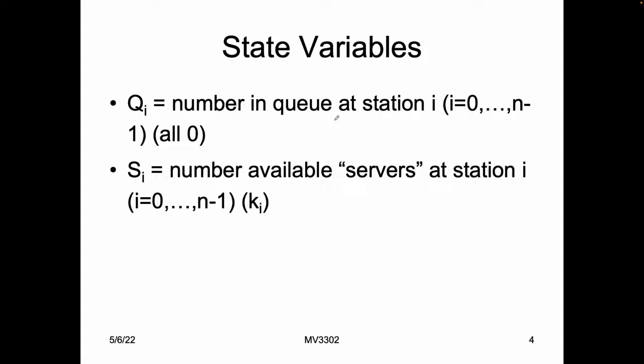Okay, so again, somewhat motivated by our multiple server queue, we can pick a state variable, like Q_i, the ith element of our state variable Q, and what would cause it to change? Well, a part shows up to station i, and notice that the i here is which station is being arrived at.